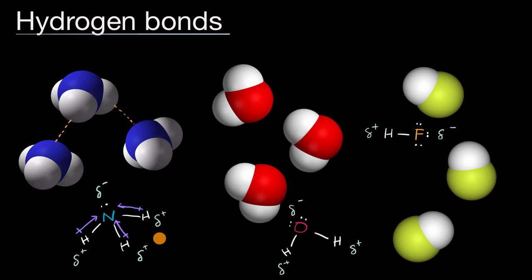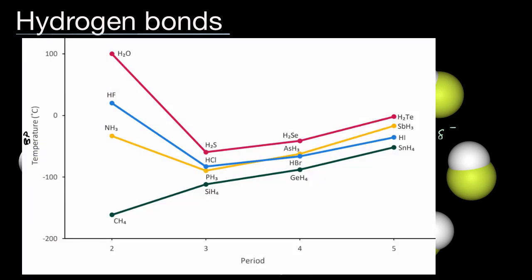And this attraction between the partial positive hydrogen end and the partially negative end of another molecule, those are hydrogen bonds. And they are an intermolecular force that will be additive to the total intermolecular force from, say, things like London dispersion forces, which makes you have a higher boiling point than you would have if you just thought about London dispersion forces. And to make that clear, you can look at this chart.